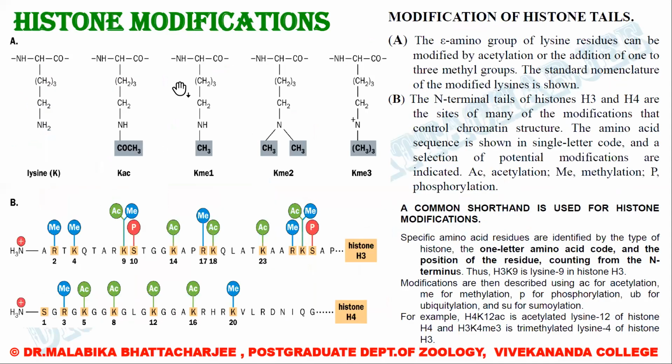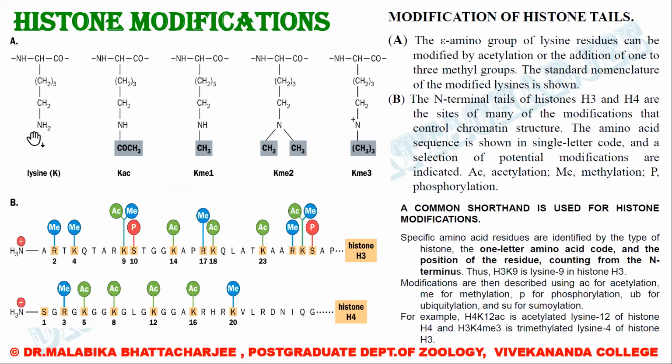Now, if we look into the molecular structure of lysine, this is the epsilon amino group. This epsilon amino group can be modified. A single acetyl group can be attached, or a methyl group can be attached. Just remember, lysine is a positively charged molecule.